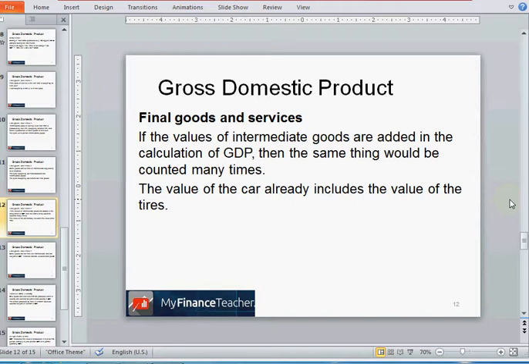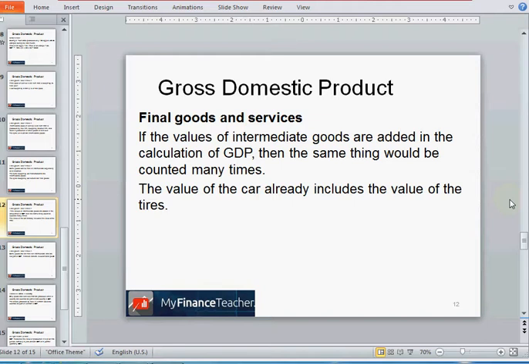When we talk about GDP, the value of GDP, what we add is only the value of final goods, even if the intermediate goods are also produced within the same country. The value of those goods are not added separately, since the value of those goods are already included within the value of the final goods.